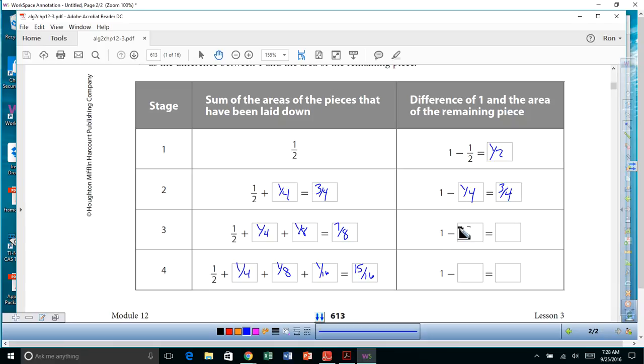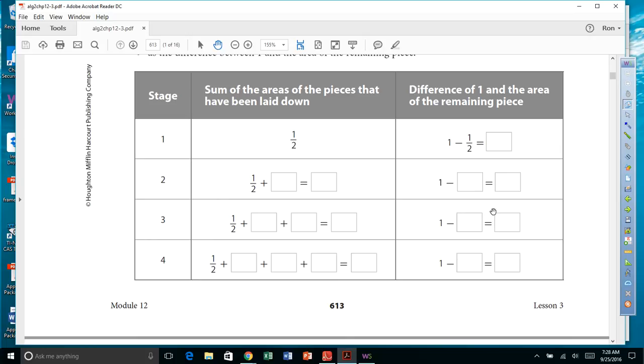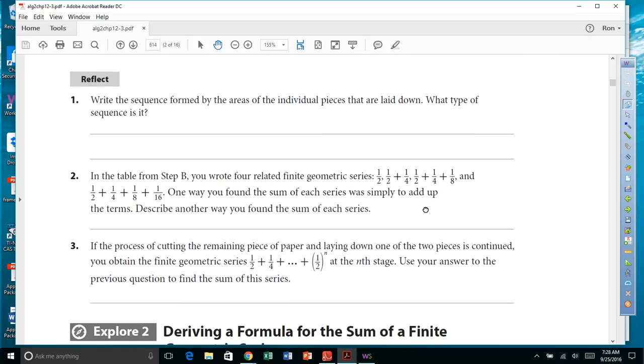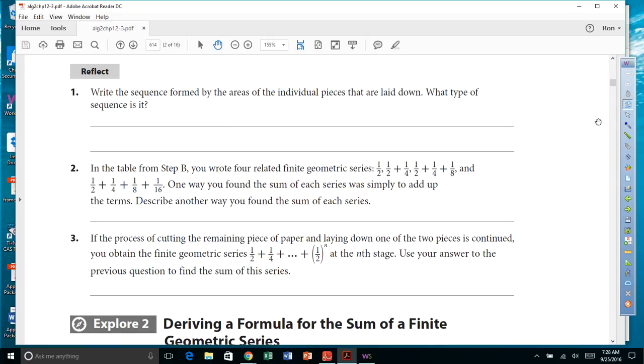Cut that in half, and you have 1/8, and then that's 7/8. Cut that 1/8 in half, and that's 1/16. And what do you have left? 15/16. Gets closer and closer, but it doesn't ever actually get there. We call that converge. It converges on.